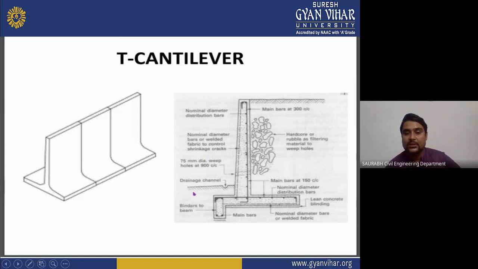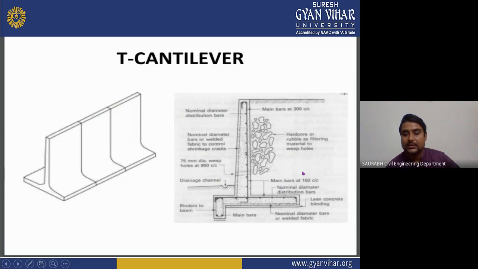And this is your drainage channel. As you can see here, through this drainage channel your water will pass. And this is your main bar, which is provided on the back side of the wall, where thrust will work at very high intensity. These main bars are provided at 300 center to center, and this is your hardcore or rubble filter material with the hole, as you can see here.